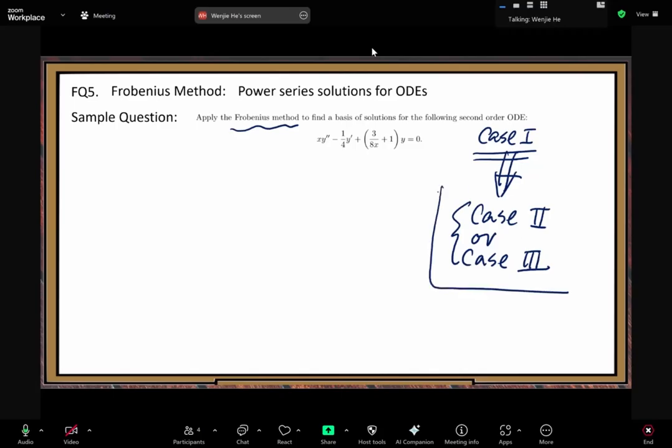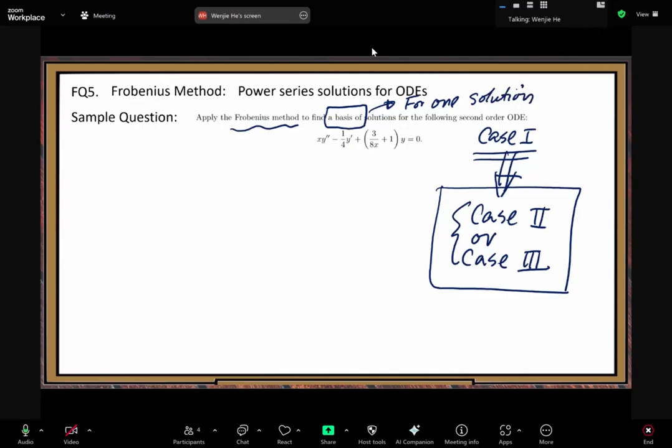If I cannot find a good example, because after I try a few times it is still hard to find a nice one, then I just take case 1. But for case 1, I won't ask you to find a basis, because you would need to find 2 solutions. I only ask you for one solution to save your time, because the second solution is similar.